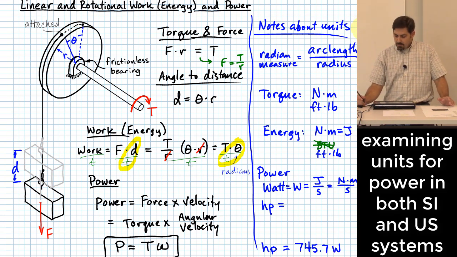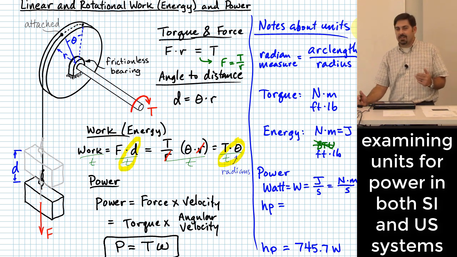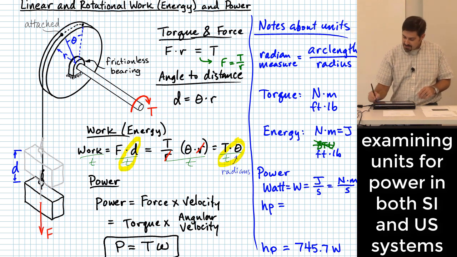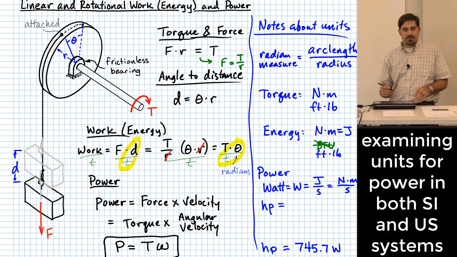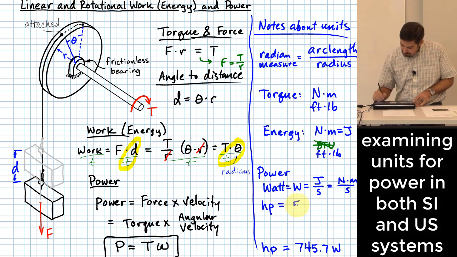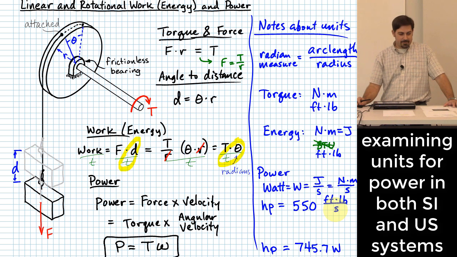Okay, but horsepower actually does have a definition in terms of U.S. units as well, and I'll have to probably tell you what it is because it's probably unlikely at this time that you may have seen this before. It is 550 foot-pounds per second. Okay?